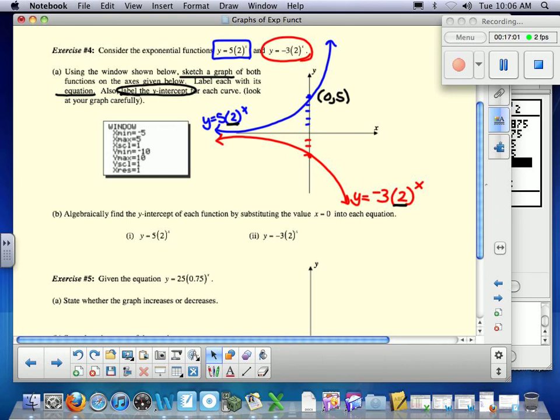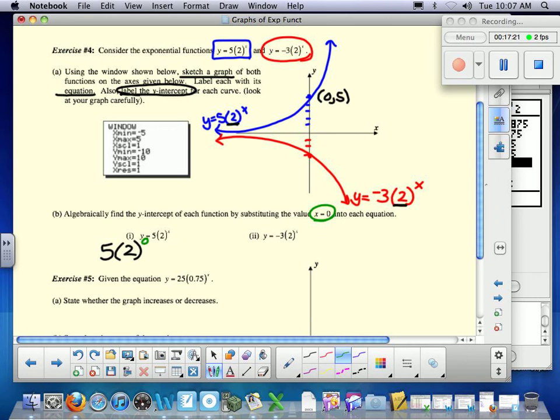Okay, so letter B says algebraically find the y-intercept by substituting 0 in for x. It's just what we did on our homework. 5 times 2 to the 0 power.